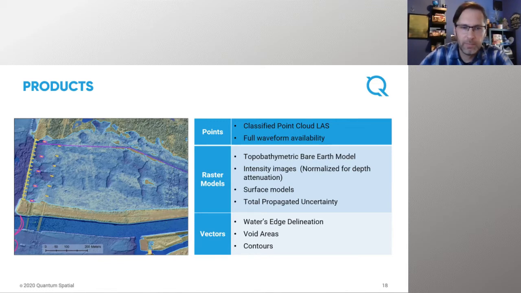So intensity images for this talk are pretty important. We normalize our green for depth, so to correct for that attenuation of the laser in the water. But you also have near IR and green, and I think that can potentially lead to vegetation mapping when you think about that on some level.